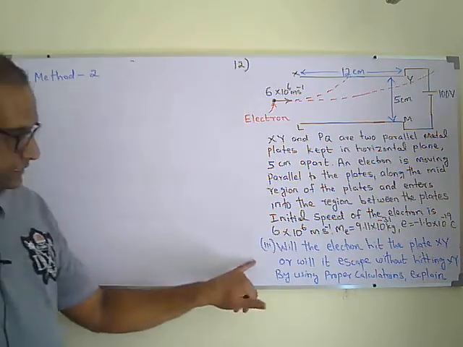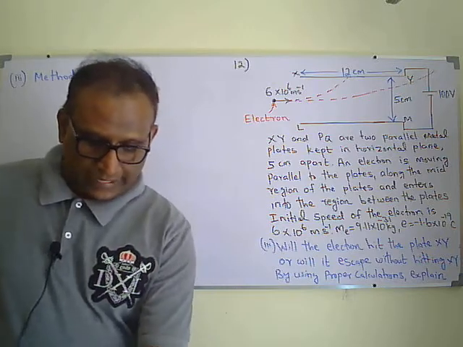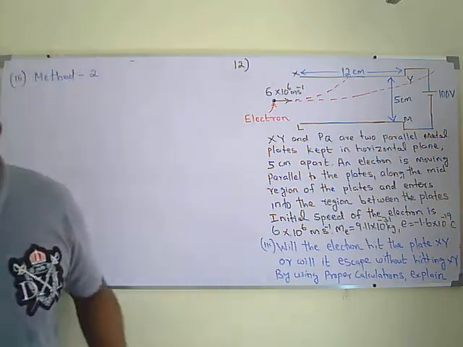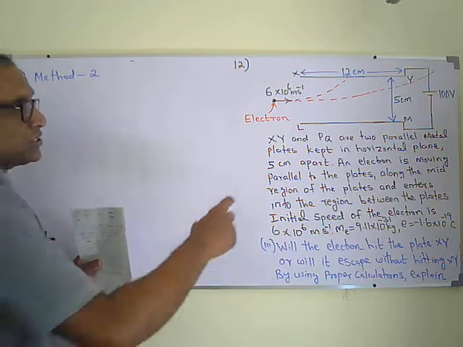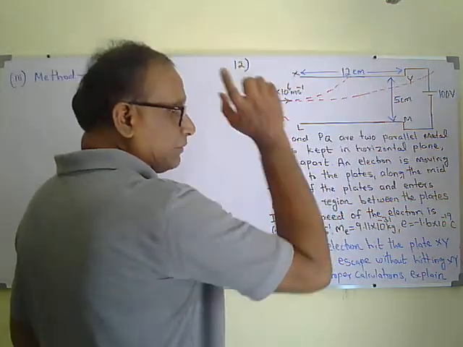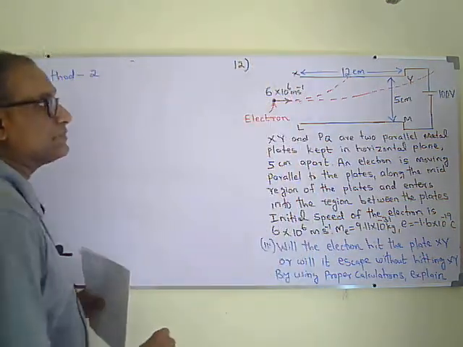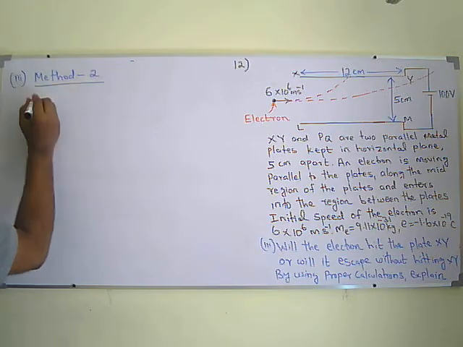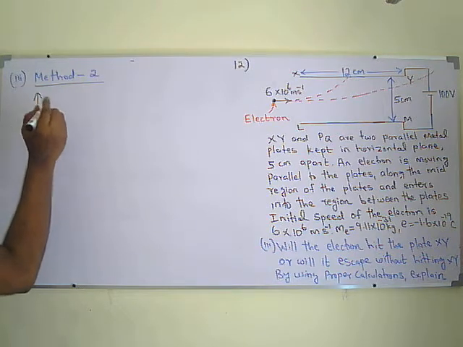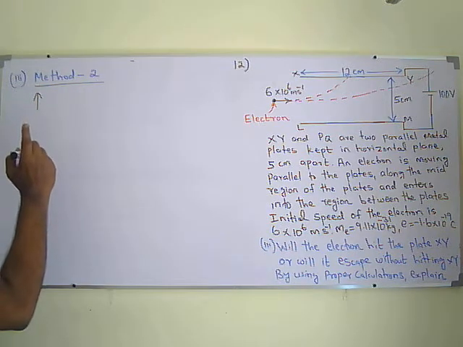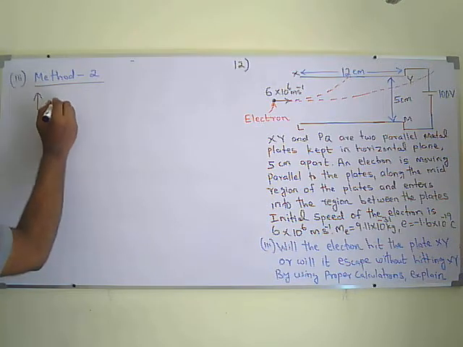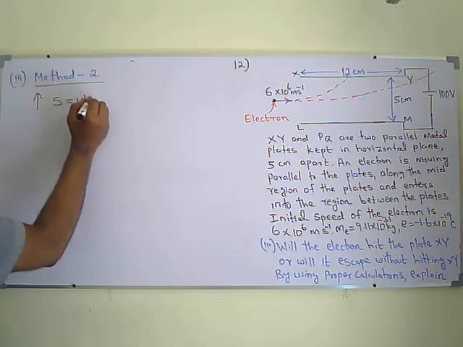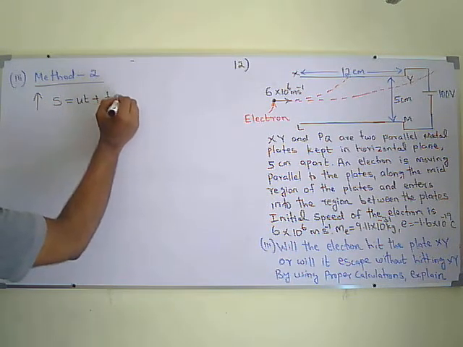Okay, so the same question, method 2, I can do like this. Find the time taken. Say if it wants to hit the plate XY, it must have a vertical displacement toward plate XY of 2.5 centimeter. Already we found that time. I'll find it again, using S equal ut plus half at squared.